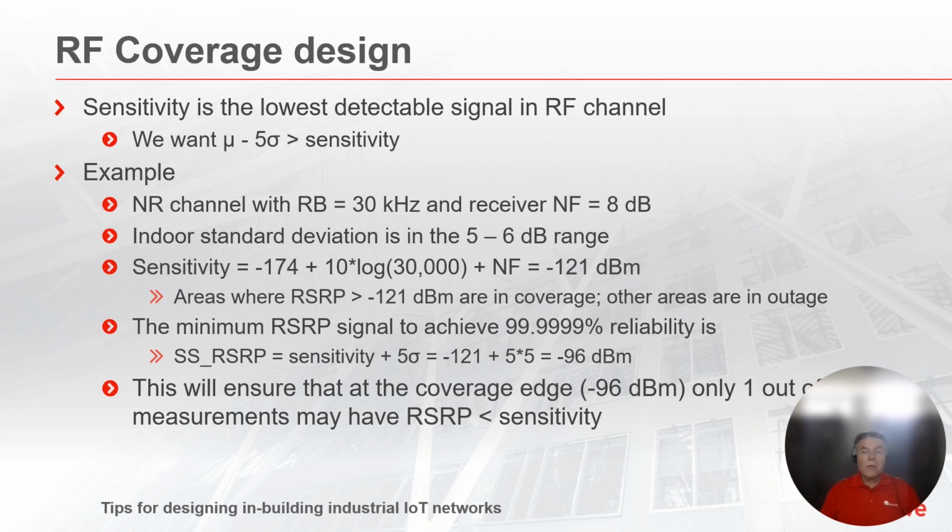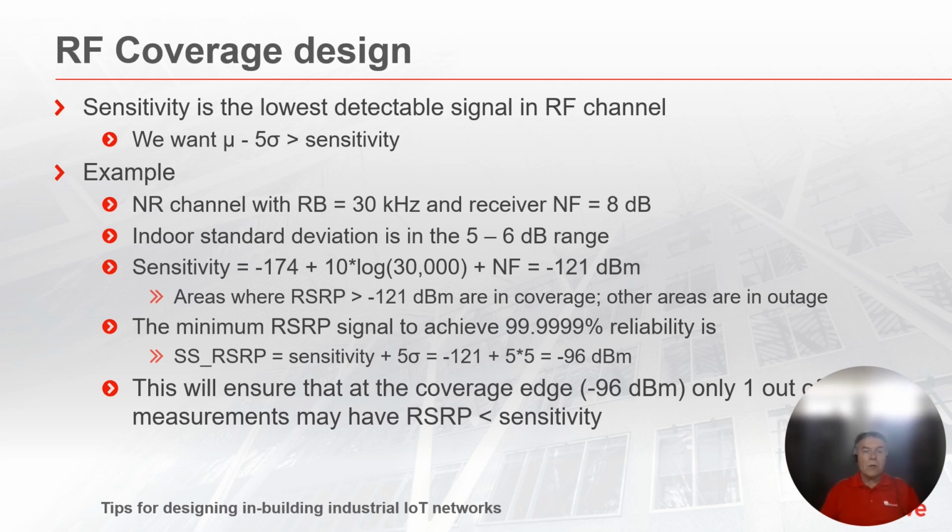But how do we calculate sensitivity? Well, if you take into account a 5G NR channel that has a resource block that has a 30 kilohertz wide channel, and if you assume that the receiver has a noise figure of 8 dB, and if you assume that the indoor standard deviation is in the 5 to 6 dB range, then the calculation is as follows.